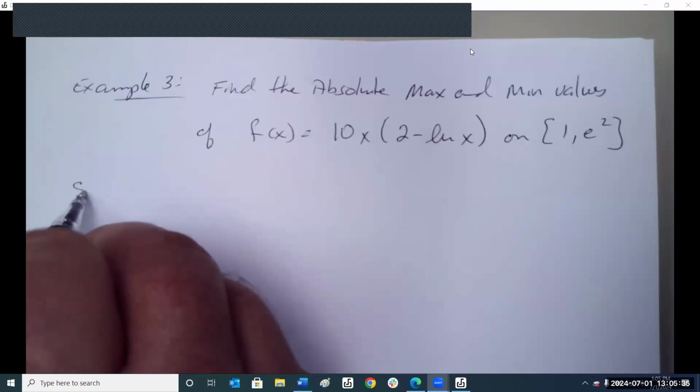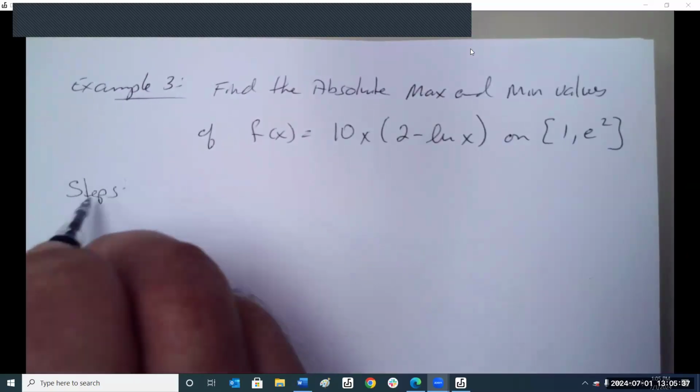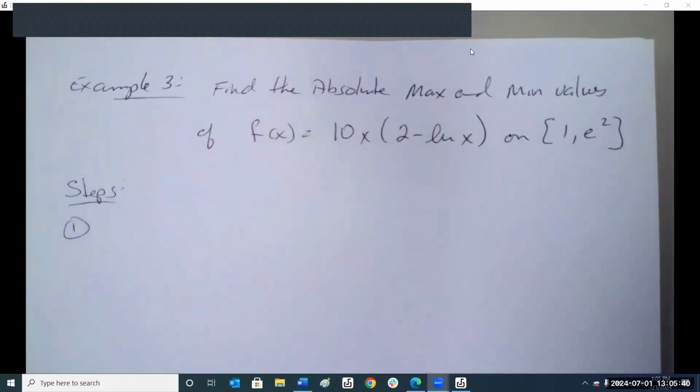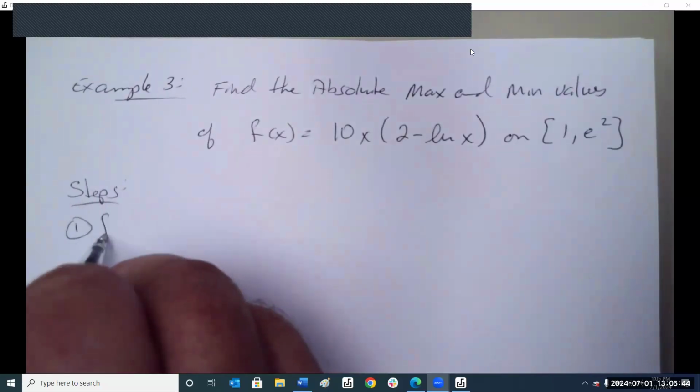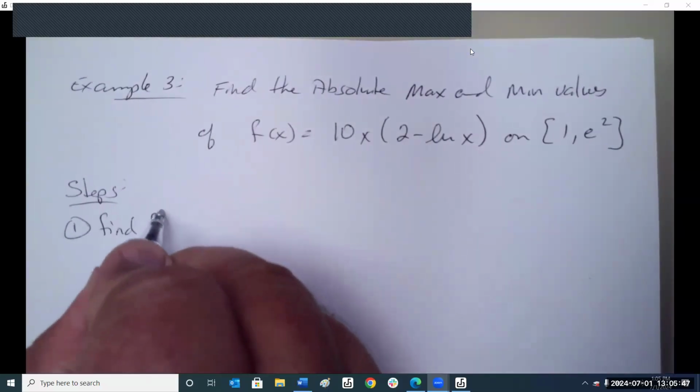What's my first step? Find the first derivative.